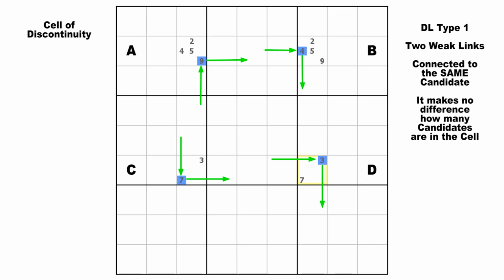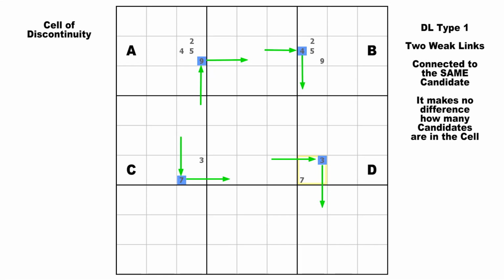Propagation rule number 3 just told us that in order to function normally, when you have 2 links connected to the same candidate, then there must be 1 weak link and 1 strong link so that the links can maintain the required alternating sequence. So if you have a loop and you come to a cell that looks like any one of these 4 examples, then you are going to have 2 weak links in a row, and this breaks the rules. And if you go through the logic here, you will discover a contradiction.